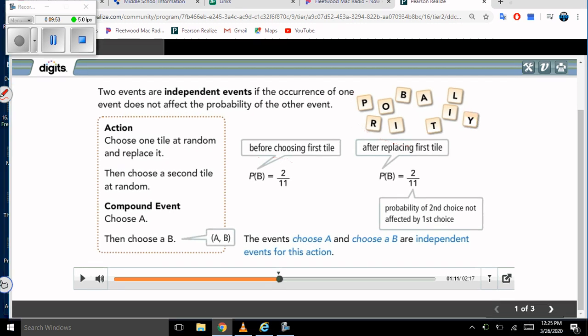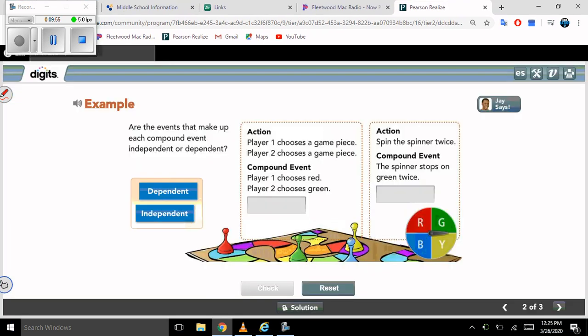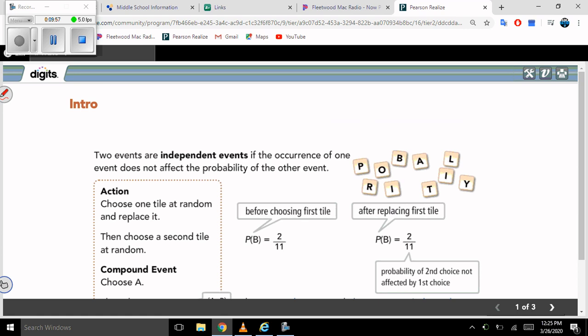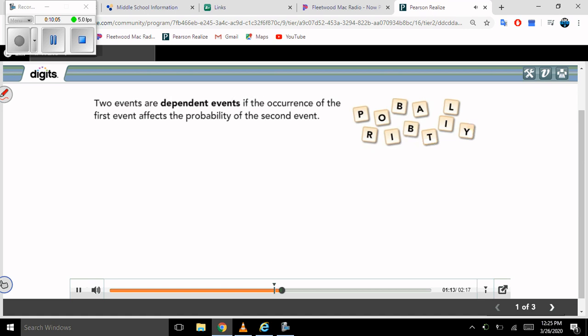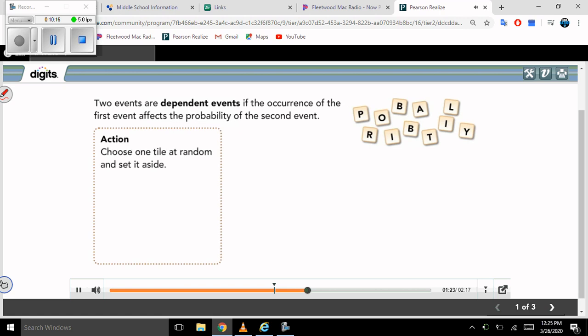Oops, let me go back here for a second. I failed to do this part right here. So they're going to talk to you about dependent events now. Two events are dependent events if the occurrence of the first event affects the probability of the second event. The first action is choose one tile at random and set it aside.